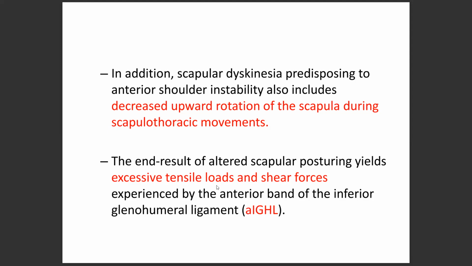That is one of the reasons why, during multidirectional instability and specifically inferior instability, because of the increase in tensile and shear forces, in most cases there is rupture of the inferior band of the IGHL, the inferior glenohumeral ligament.